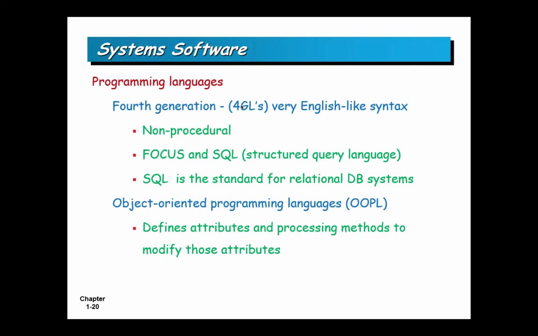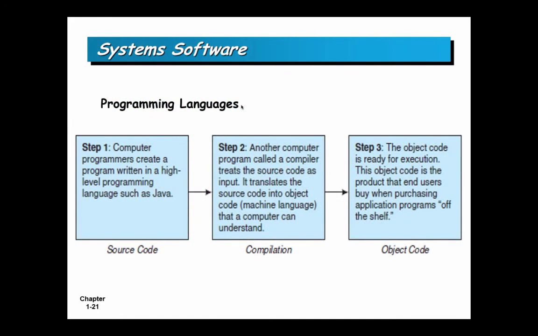And this became popular back in the 1990s as the model to use. So as I said, it starts with source code. That source code is compiled, assembled, and then it becomes object code. And the object code is what you buy when you buy off-the-shelf programs.